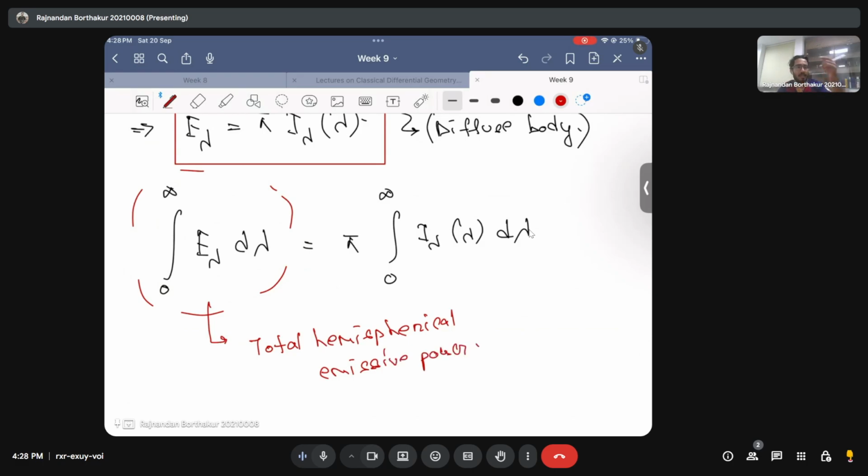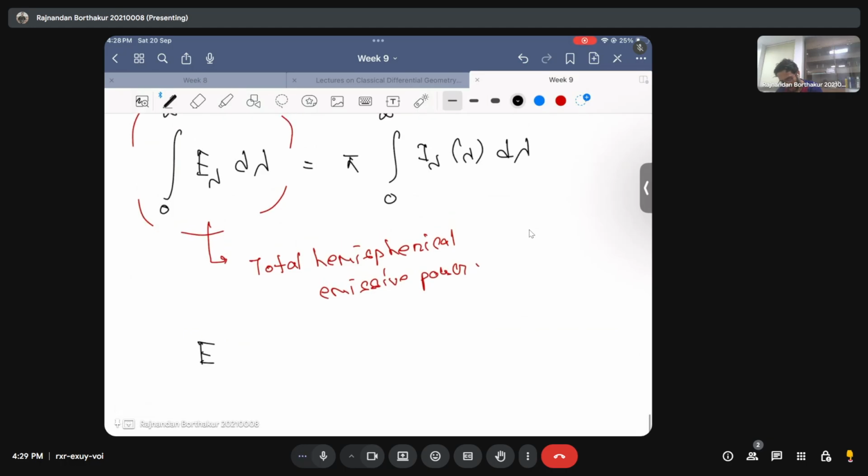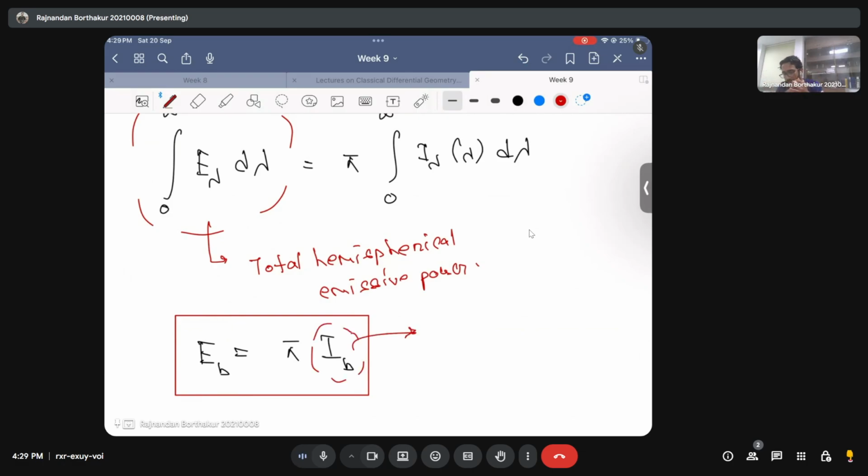If you integrate the spectral hemispherical emissive power over all the possible wavelengths at which it may emit radiation, this is denoted by E, and it is equal to pi times I. This relation gives you the relation between the total hemispherical emissive power and the total intensity of radiation, and it is written for a black body, so we'll write the subscript B. So the total hemispherical emissive power of a black body is equal to pi times its total intensity of radiation, integrated over all possible wavelengths.